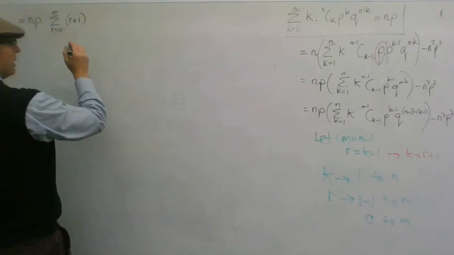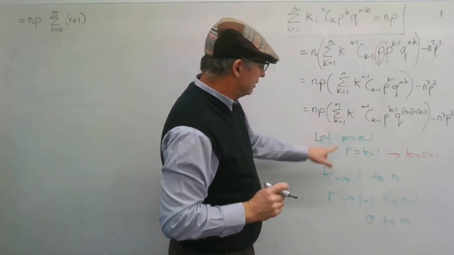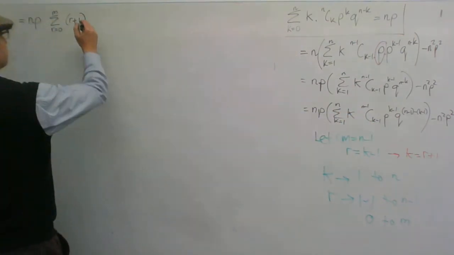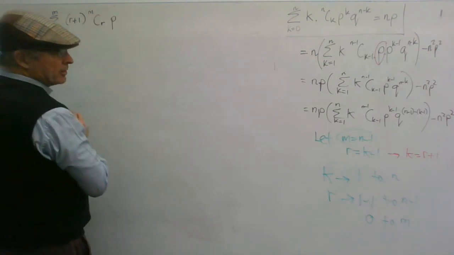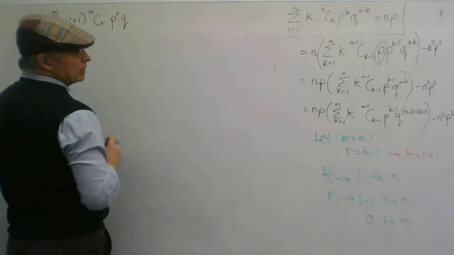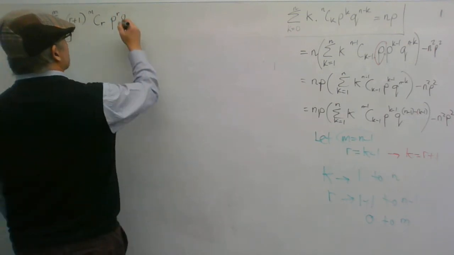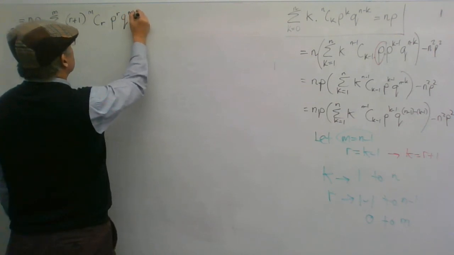And then instead of n minus 1 C k minus 1, it's just MCR. And then P to the k minus 1 is P to the R. And Q to the n minus 1 minus k minus 1 is Q to the M minus R.